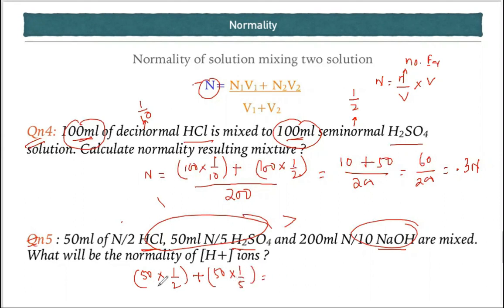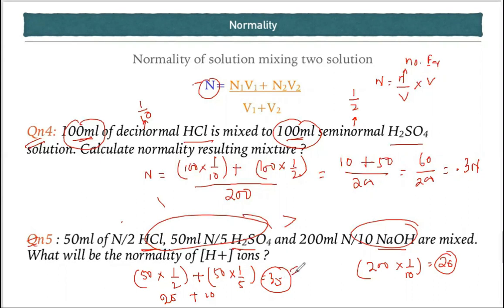So what is the number of equivalents? This one is 25 plus this one is 10. So this is 35. Okay, and you have to calculate the number of equivalents of base. So 200 into 1 by 10. So for the base, the number of equivalents will be 20. Now tell me, which equivalent is more?